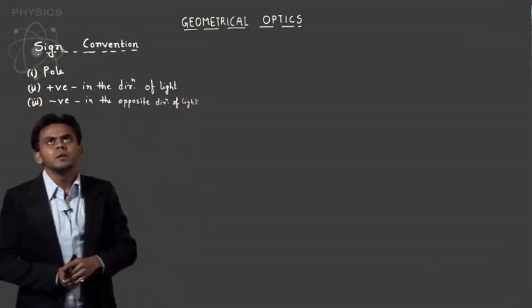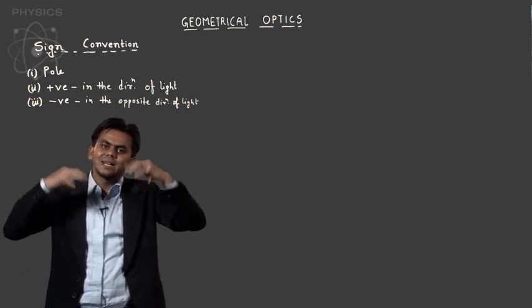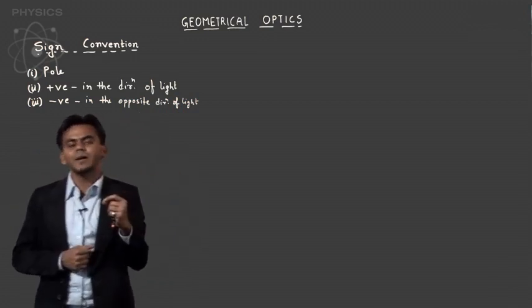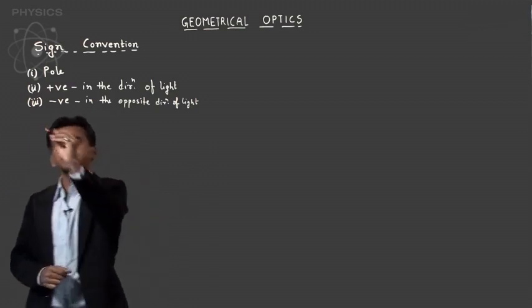Any measurement done up the principal axis is positive, and any done below the principal axis is negative.